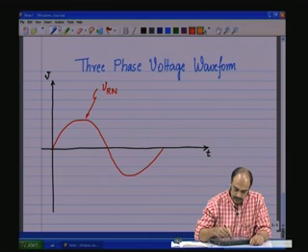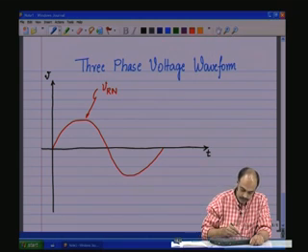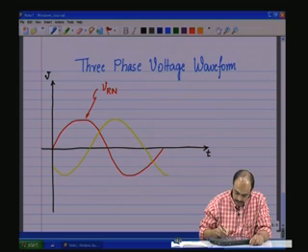Then for Y, I will choose the yellow, but see that I am starting a bit away. I will explain to you why I am starting like that.